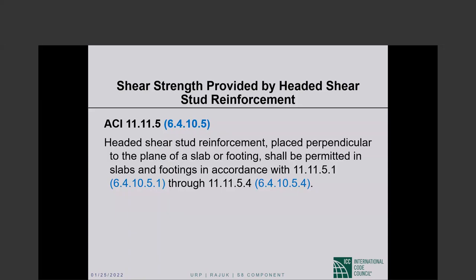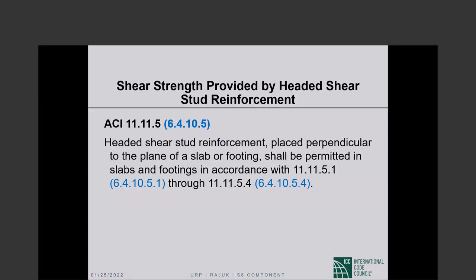Okay. And I would say since before that happened, even when it was proprietary, the headed shear stud reinforcement started rapidly replacing conventional shear reinforcement. Now, this is pretty much all punching shear reinforcement that is used in slabs.